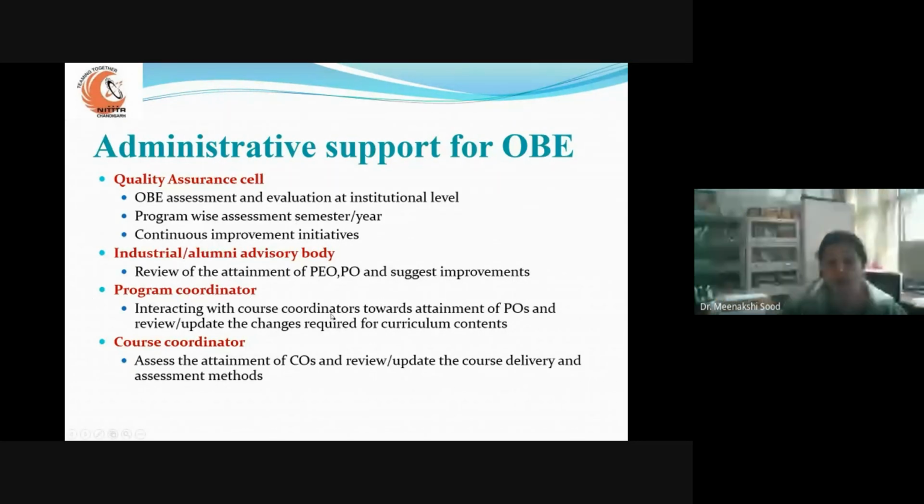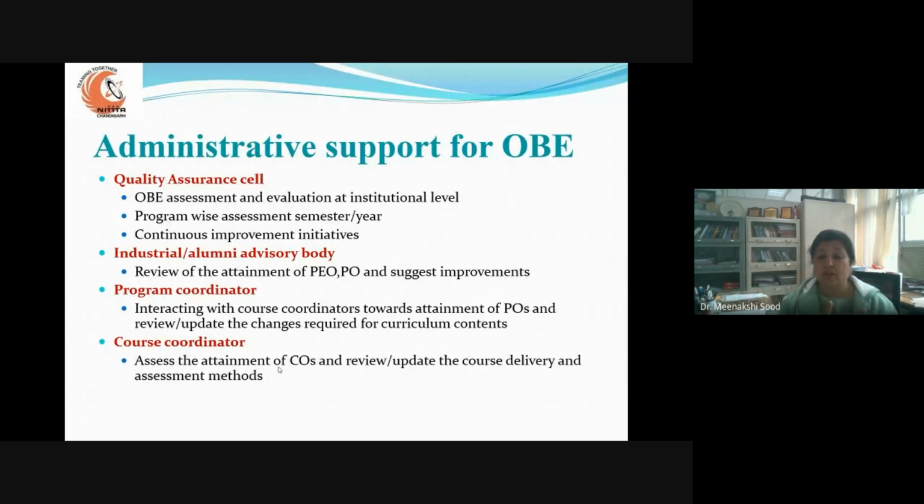A program coordinator or course coordinator is required when the same subject is being taught by several teachers, like a simple first semester subject, applied physics, which is taught to every branch, whether electronics, chemistry, civil or mechanical. One coordinator should be made, because different teachers will be teaching the same subject to different students.